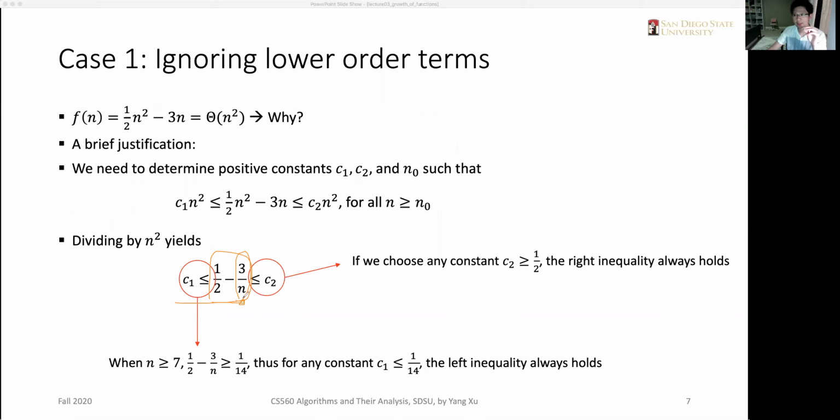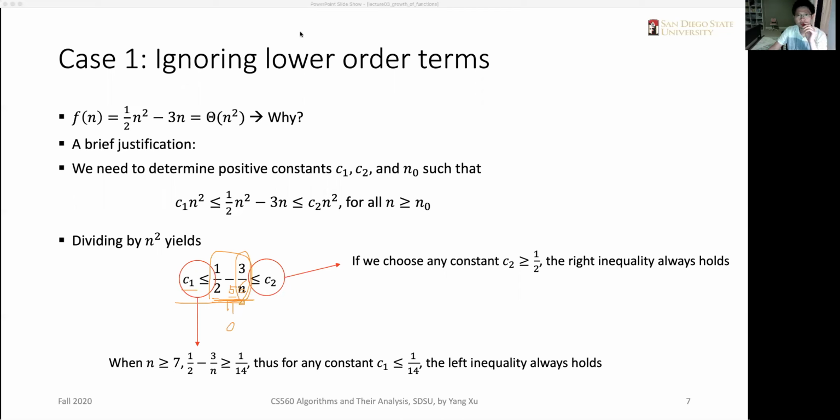But as n increases, the target function always increases, right? So we choose the n such that the target function has a positive value. When n is 6, the whole thing is 0, right? When n is 5, the whole thing is negative, right? So a negative number cannot be larger than a positive number C1. So we should not consider anything that's smaller than 5.